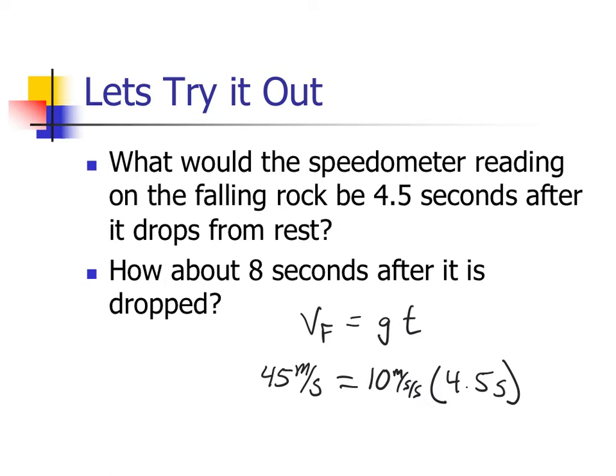But that would have to be elaborated more. You would do the same thing, it's just the time changes to 8 seconds to give us 80 meters per second. 10 times 8.